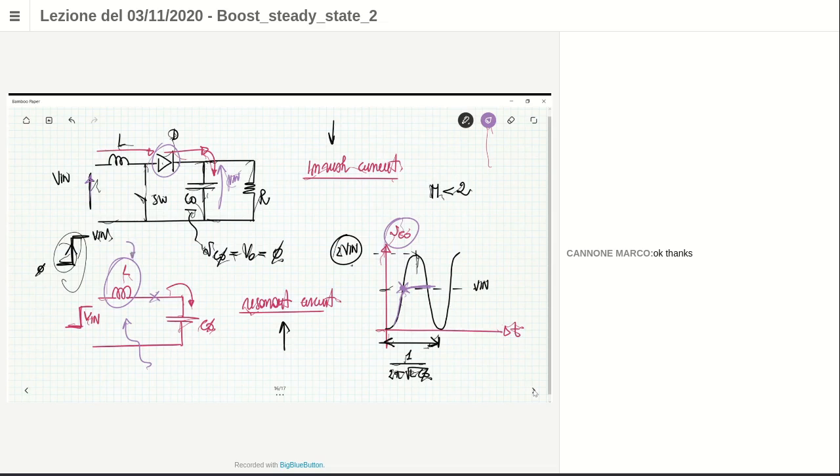Anyway, having here a piece of wire instead of L means that you have a larger inrush current. So there is always a compromise between the two situations. Of course, you may say that we have a resonator and we have this problem to manage.